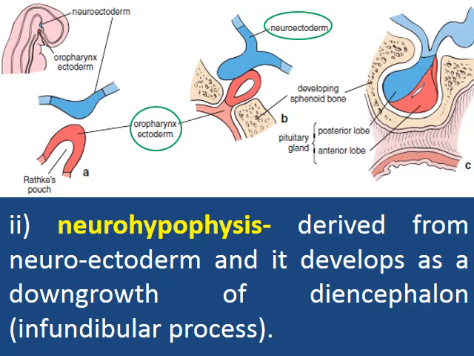In the picture you can see the red color outpouching, that is the Rathke's pouch, and the blue color downgrowth, that is the primitive neurohypophysis. Later on, this Rathke's pouch and neurohypophysis join and form the anterior and posterior lobe of pituitary gland respectively.